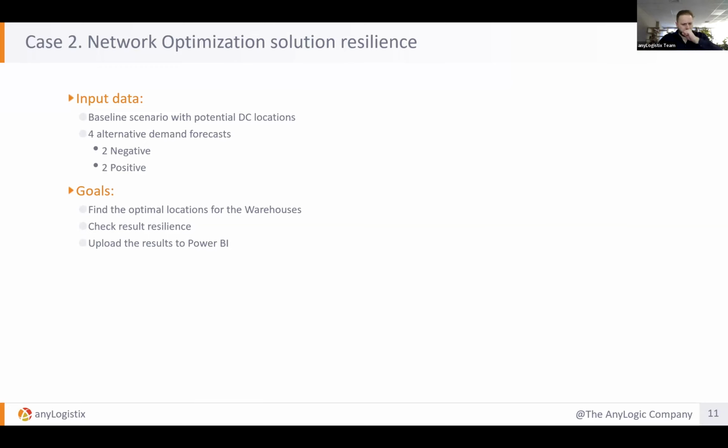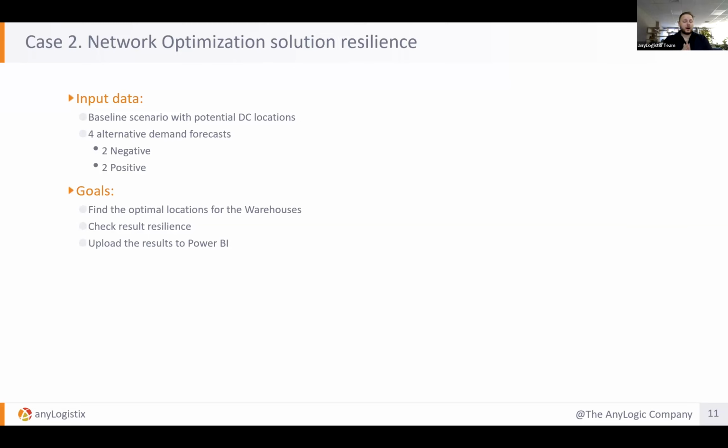But we also want to check if our solution, which will be found, is resilient enough to satisfy all the demand in different forecasts that we have. So that's some kind of stress testing of our solution.